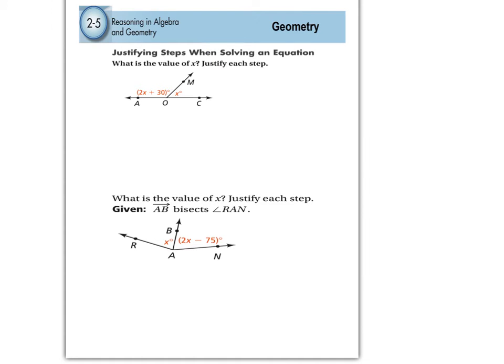Okay, now let's use the idea of a two-column proof in terms of solving these equations. You notice it says justify steps when solving an equation. So now we're not only going to solve it, but now you have to justify each step. And what I'm going to do here is put this in here like so, and then we're going to move it, and we're going to set up this equation.